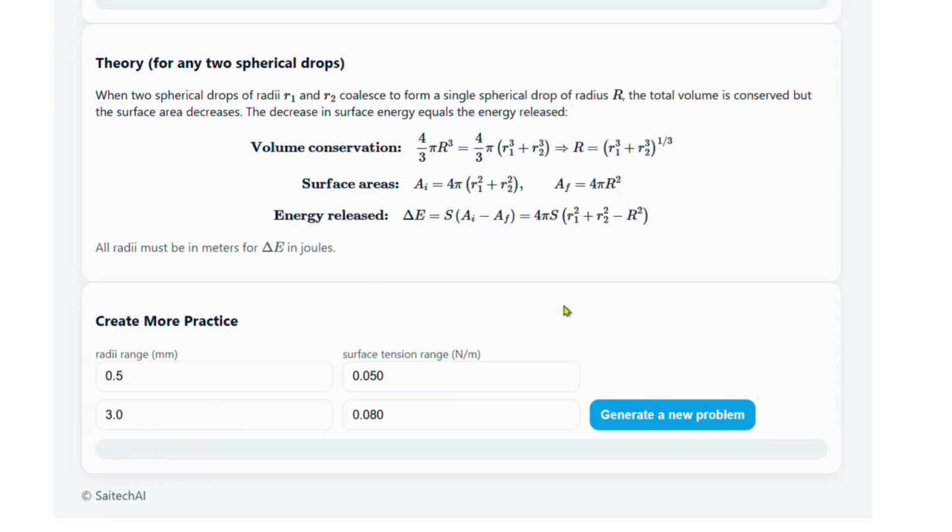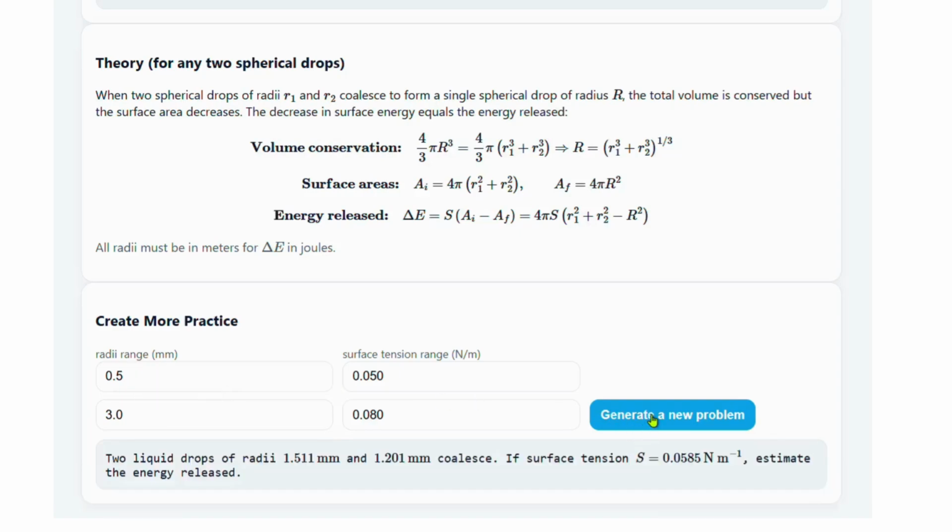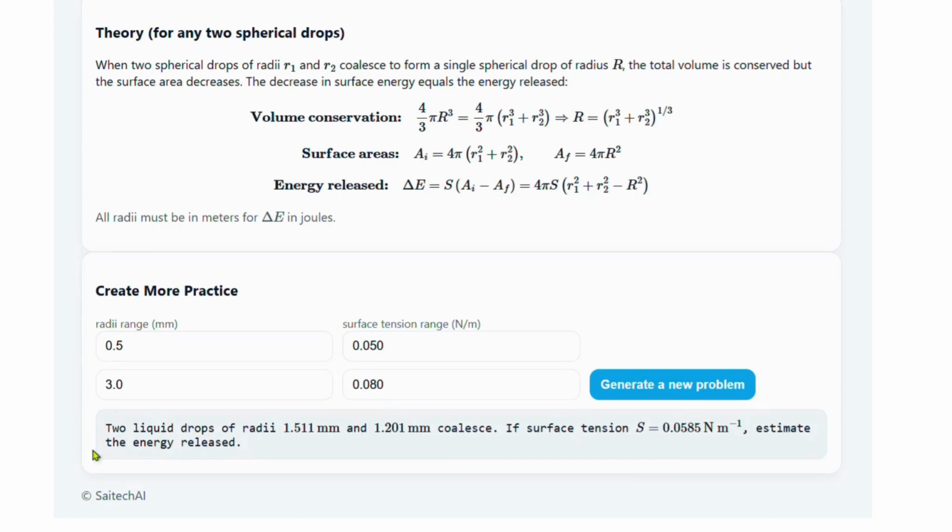Okay. So now we can have new problems also. You can try generating a new problem like this: two liquid drops of radii 1.51 mm and 1.201 mm coalesce. If the surface tension is 0.058, then estimate the energy released.